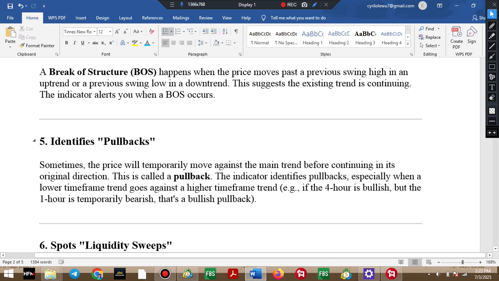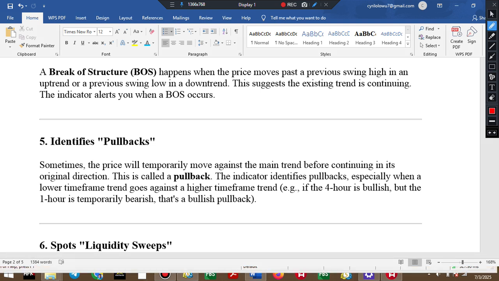Yes, in trading we say we have the expansion phase, then we have the correction phase. If the overall trend is bullish, that means it's going up. When it's making a pullback, this pullback can create other scenarios on the lower time frame. So this indicator has the ability to detect if it is a pullback.